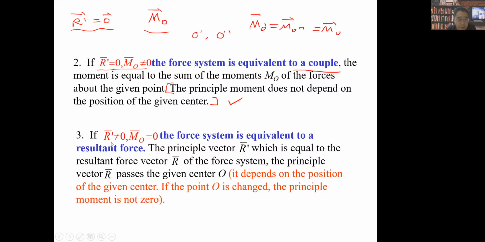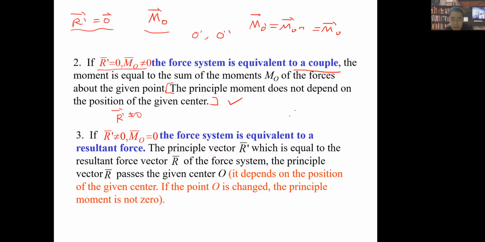If R prime is not 0, but MO equals 0. This condition means that, because R prime is not 0, the force system is equivalent to a resultant force.